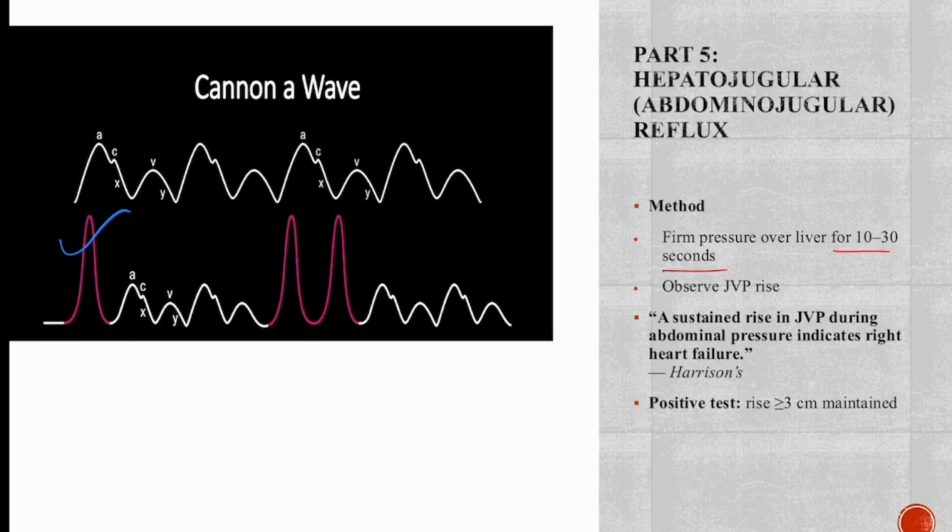A sustained rise in JVP during abdominal pressure indicates right heart failure. So usually it is taken as a rise of more than 3 centimeters. Sustained rise that is more than 3 centimeters is taken as a positive hepatojugular reflex, previously called, or better called, abdomino-jugular reflex.